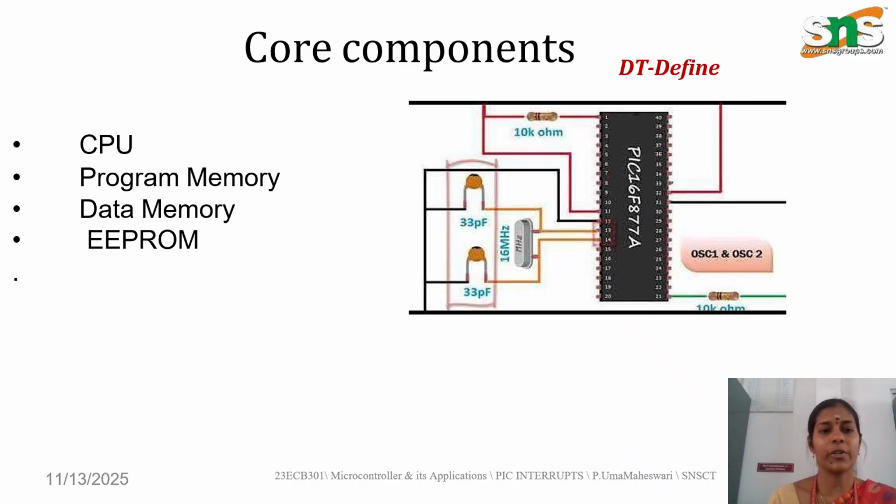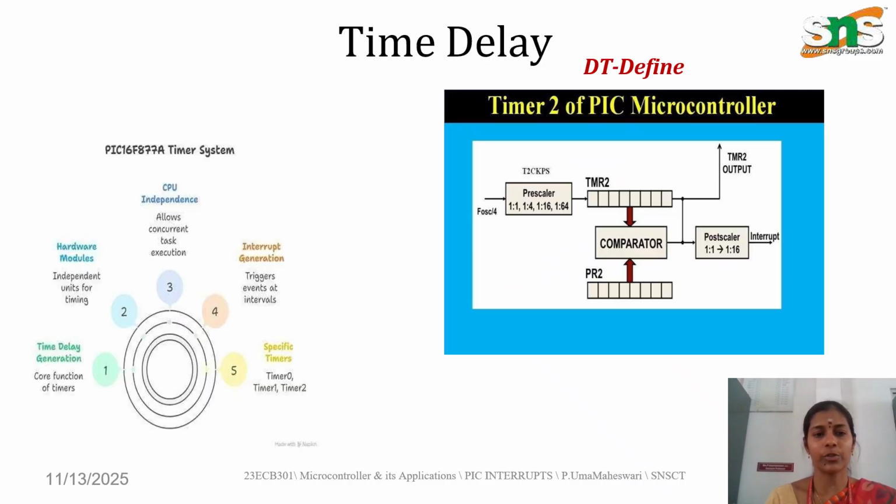Here the core components are oscillators, which are used to count the time. The timer, that is the time delay, is also used for handling the interrupts, because the timer of that particular interrupt is a very important feature we should take into account. The program halt means the microcontroller's main program is temporarily paused and the current status of the CPU is saved to a stack.